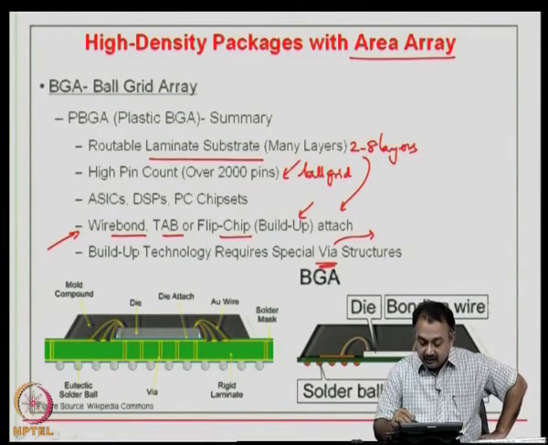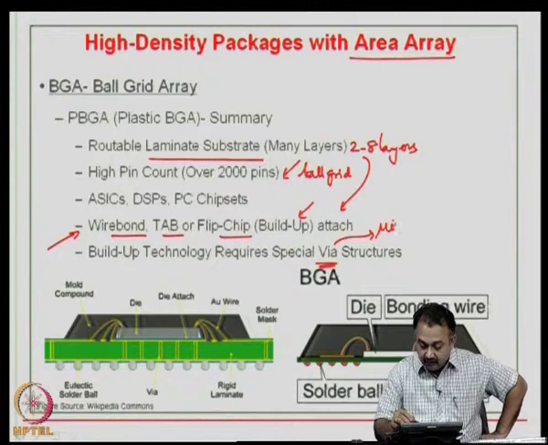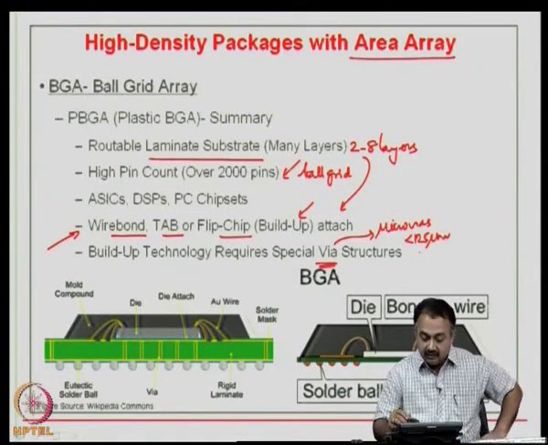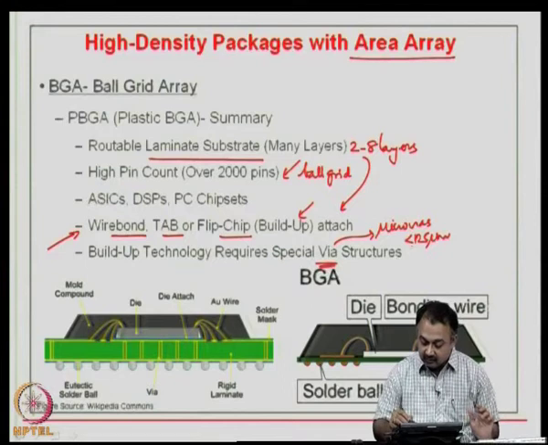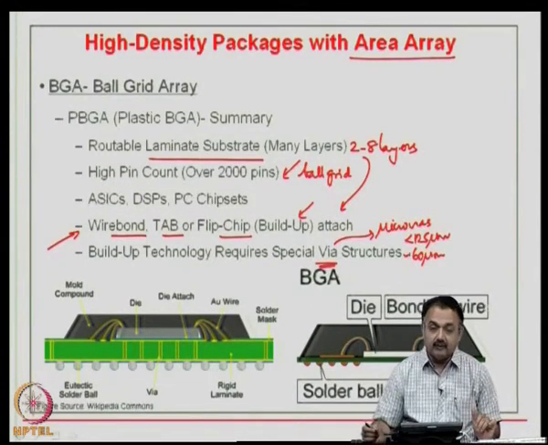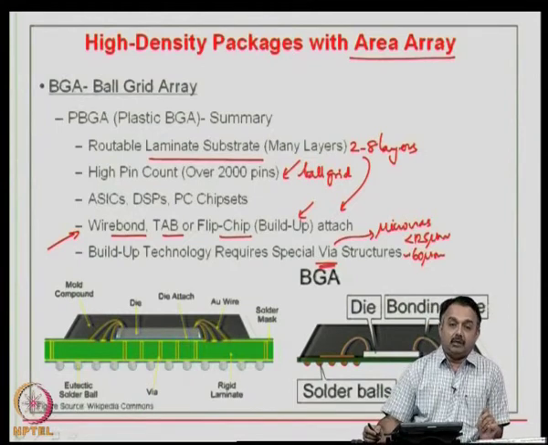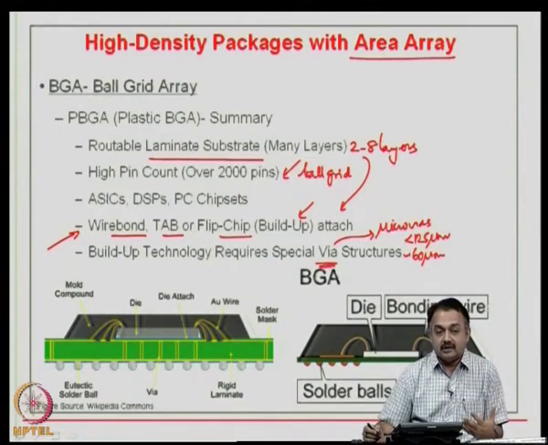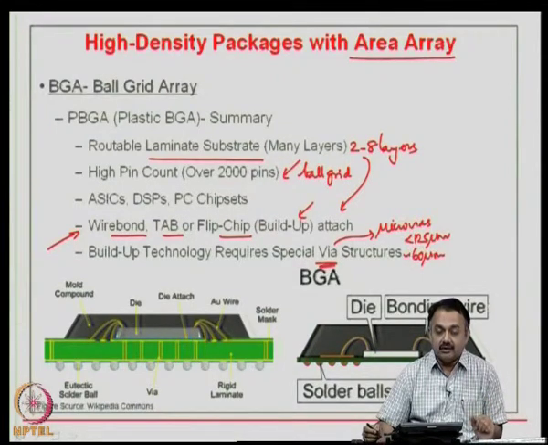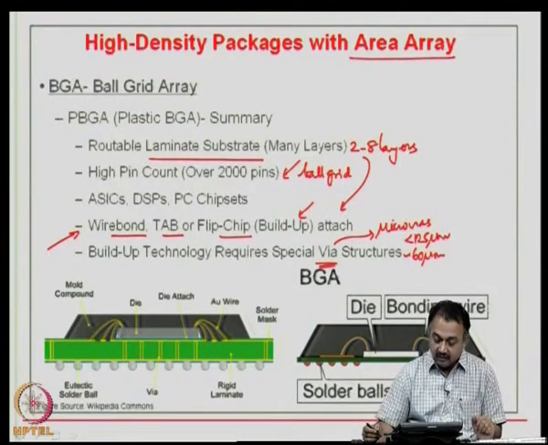The vias have to be micro vias, typically less than 125 micron in diameter. Today, people are manufacturing micro vias for BGAs of the order of 60 microns. So, you can imagine the amount of real estate saving and the high density that is introduced in the design and the construction.